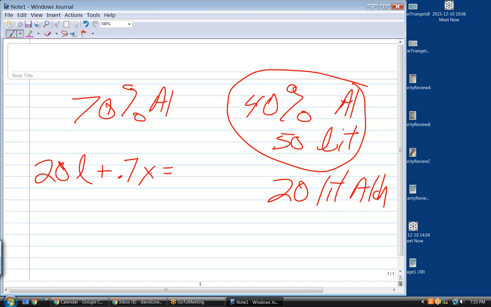We're going to add X liters, so this needs to be 1/2 of the total.